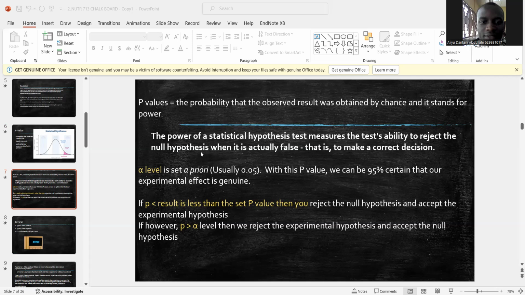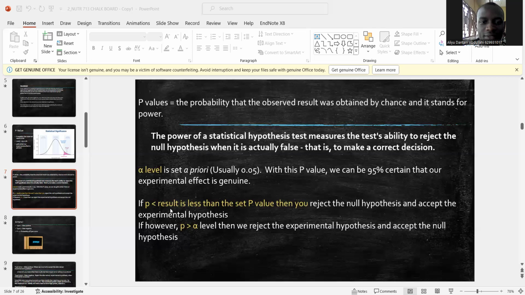But if your p-value is greater than 0.05, greater than 5%, then we have to accept the null hypothesis. Means yes, there's no significant difference. Basically, that's what we are saying here. The alpha level is set a priori. That's the p-value, usually 0.05. With this p-value, we can be 95% certain that our experimental effect is genuine.